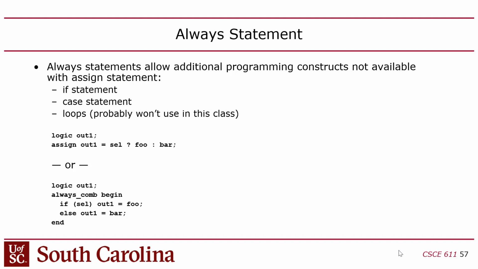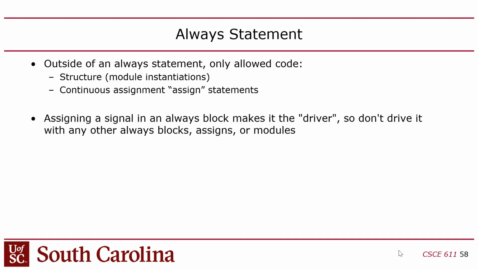It's just the sequentiality inside the always defines the behavior. I know that's kind of esoteric, but it's just a way to make a complex assign statement, essentially. So this code and this code are identical. These will generate identical hardware.